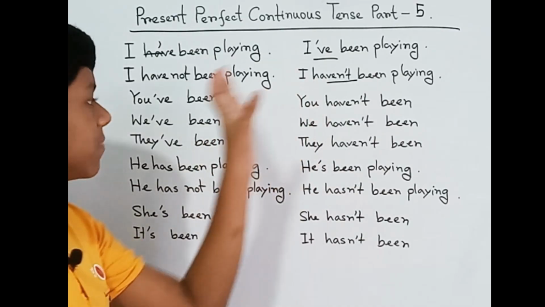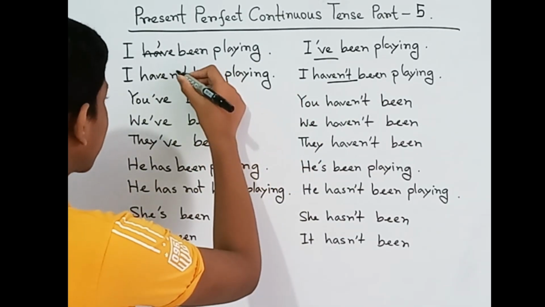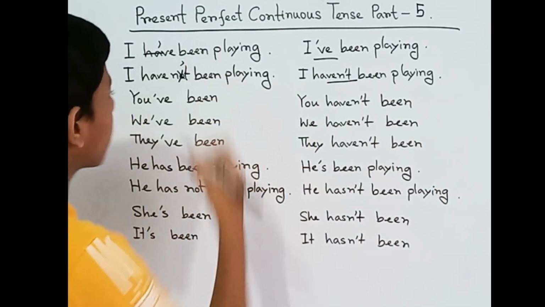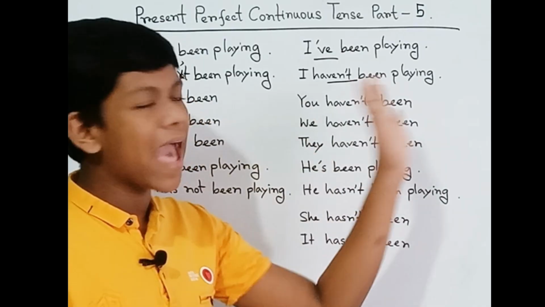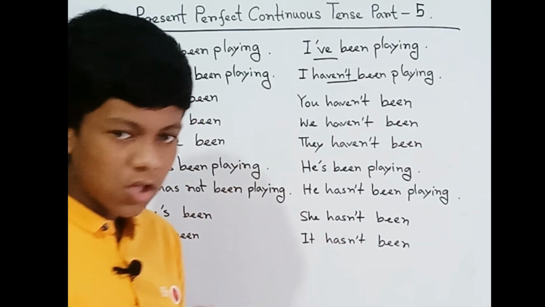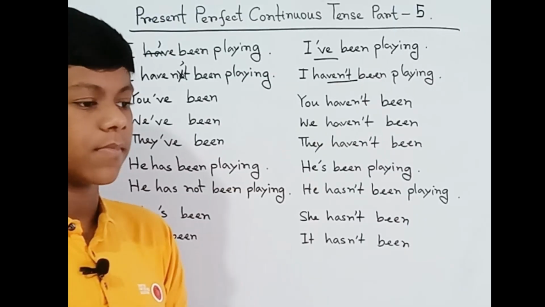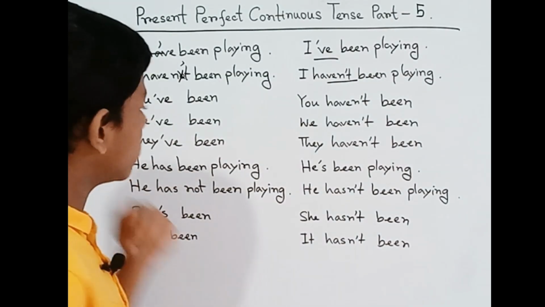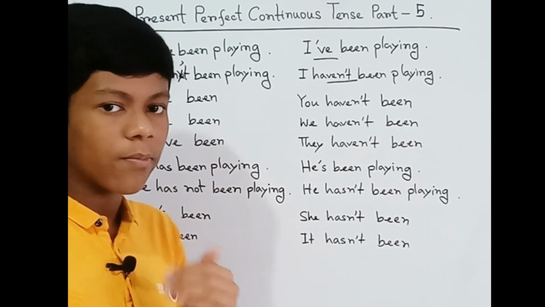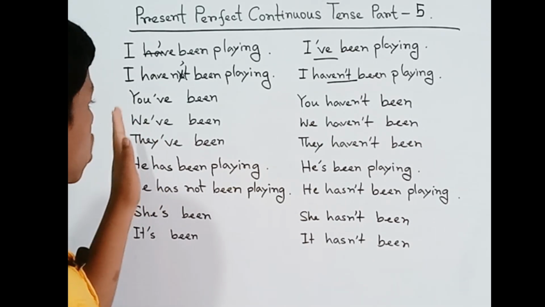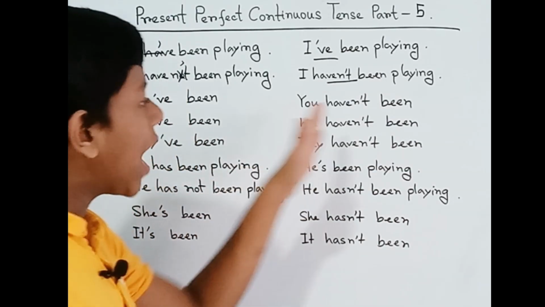During this, we generally cancel the O and add the apostrophe. Then it becomes I haven't been playing. Same like here, the sentences are similar with this one, the use of have. Same like you've been, you haven't been.